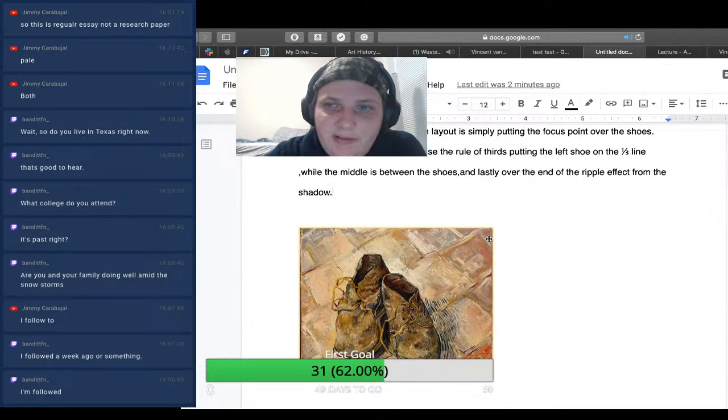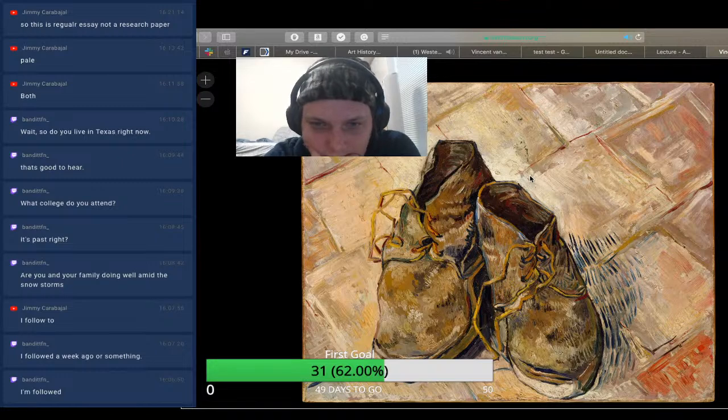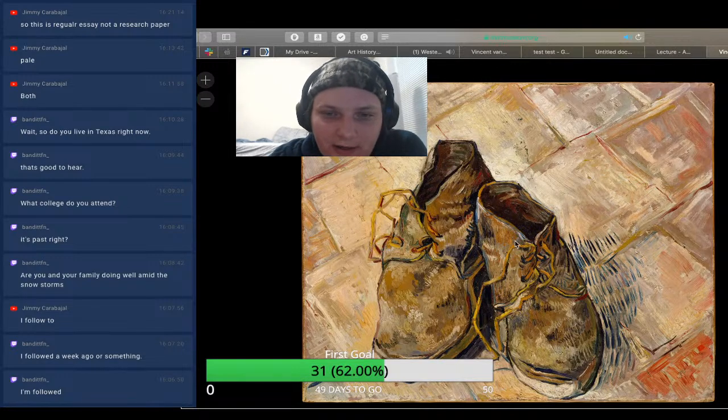Let's see, what else can we say about the design of the piece? Probably should talk a little bit about the insides of the shoe. We haven't necessarily talked about that yet. We talked about the very beginning, me thinking that these are more dress shoes, or walk-around shoes.